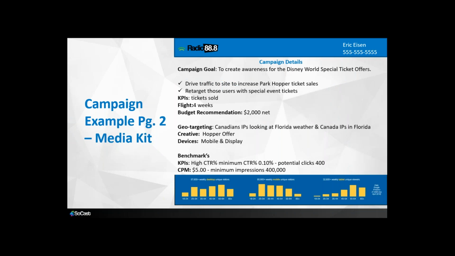With our programs right now, you'll see in this slide, this is just a sample proposal where we recommend a $2,000 net. We're selling campaigns for very small advertisers from $250 all the way up to $25,000. It really ranges in price for the different advertisers, but there are some regional and national advertisers willing to spend some good money.